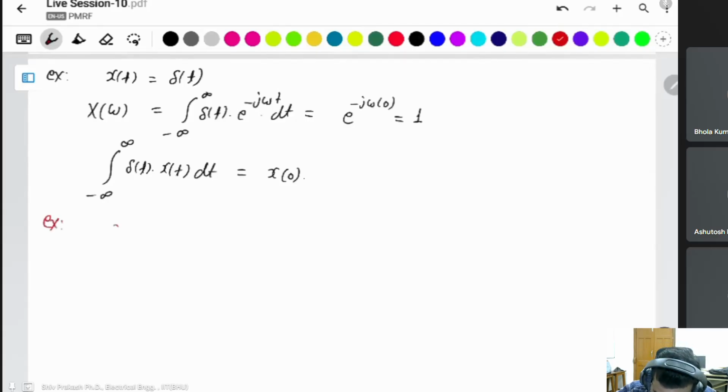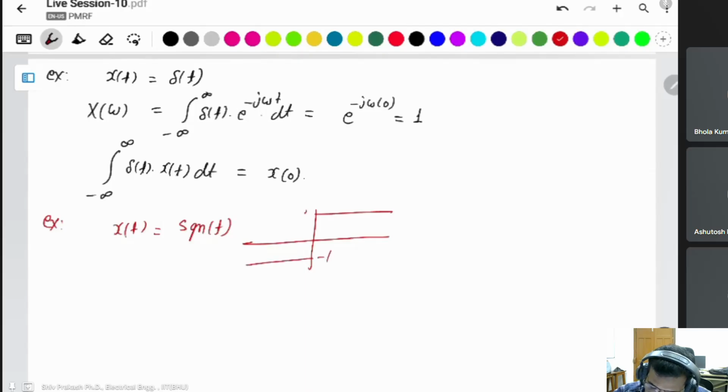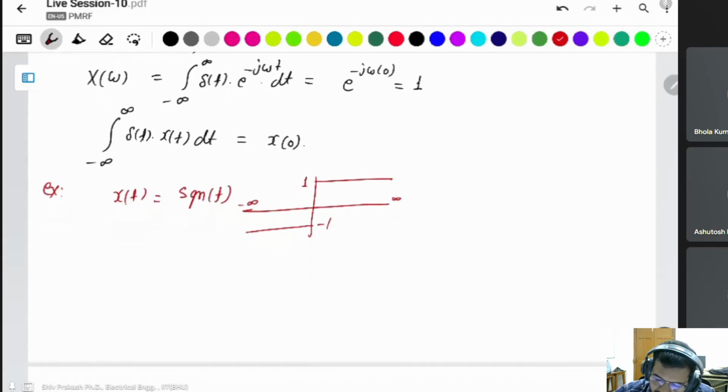delta t x(t) dt is equal to x(0). Next example, x(t) is equal to signum t. Signum t function, you all know about this one. This will be from minus 1 to 1, so minus infinity to infinity, looks like that. Then this will be written as x(t) equals u(t) minus u(minus t).